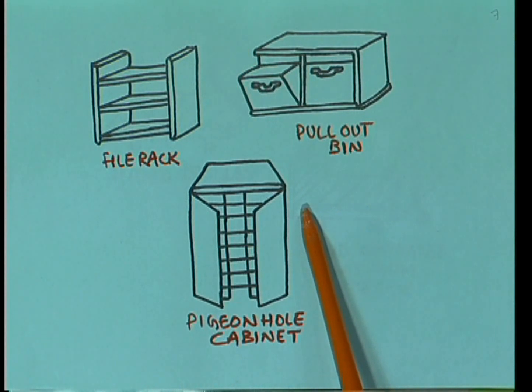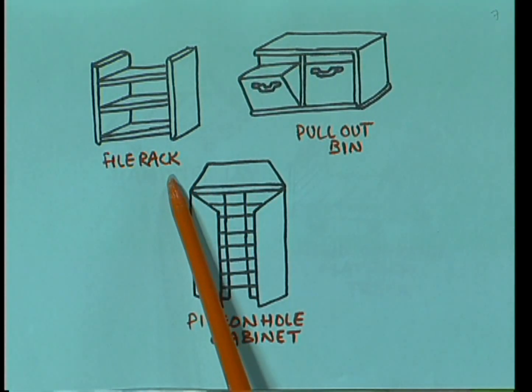Now let us see different types of material stores equipment. In the stores equipment, what are the things that we will go here. First one is the file racks.